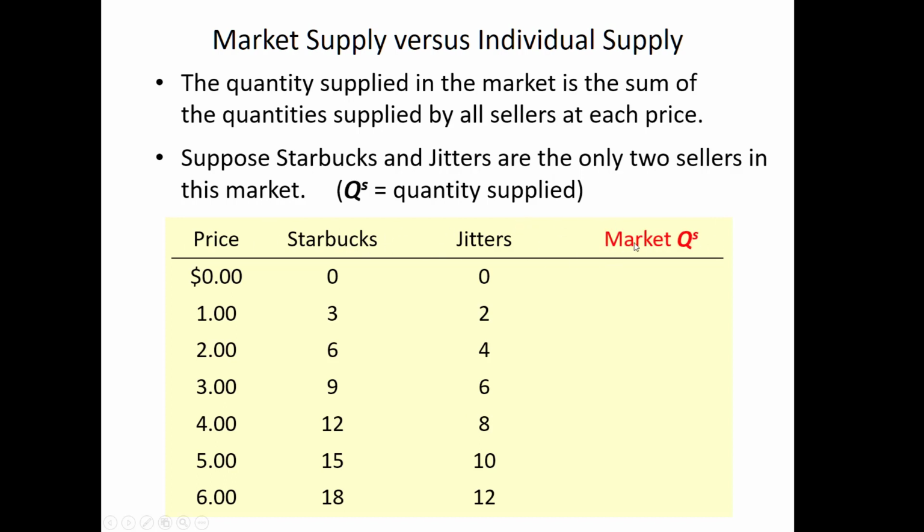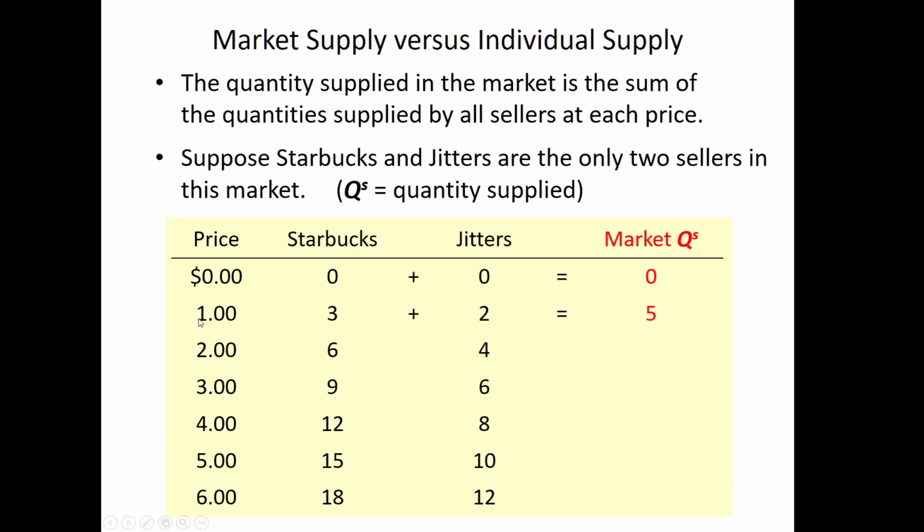How do we derive the market supply from the individual suppliers? Well, it's intuitive. If price were 0, none of the suppliers would be willing to sell anything. 0 and 0. Therefore, the market supply would be 0.